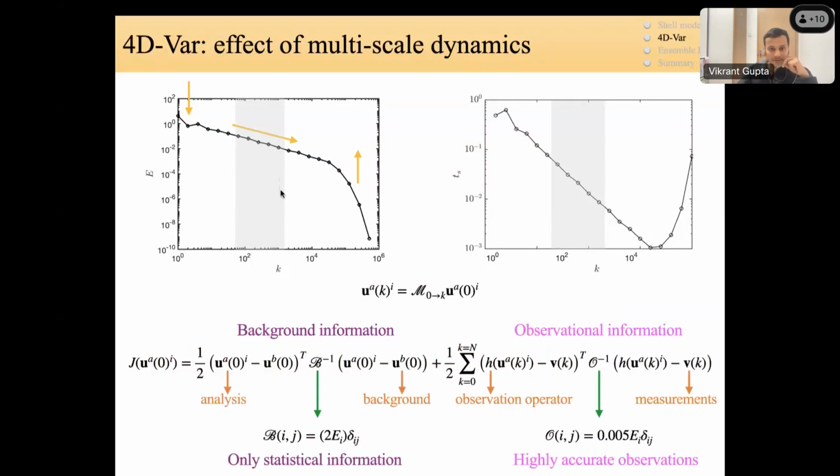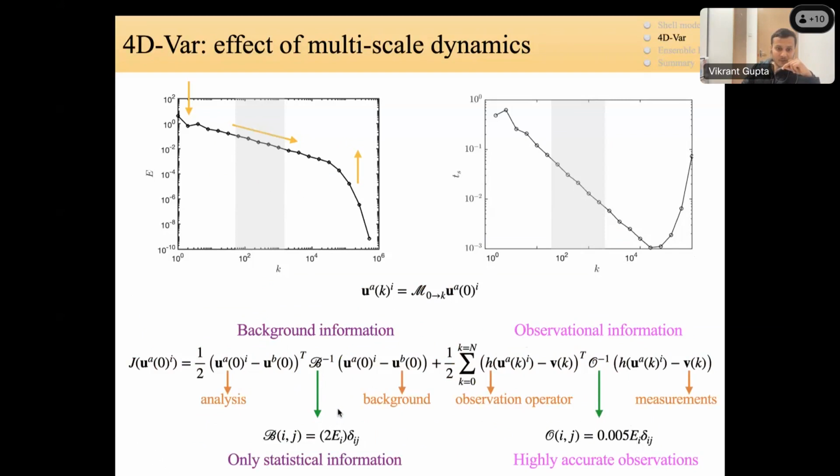So what we apply first is standard 4D-Var, which has two parts: a background term and an observation term. So we are just going to minimize this cost function. Now, what we assume is that the observations are very accurate, so there's only very small error in the scales that we observe.